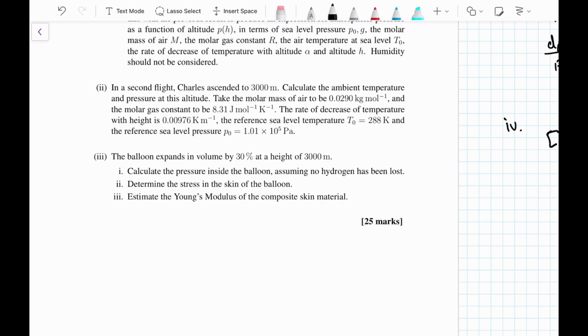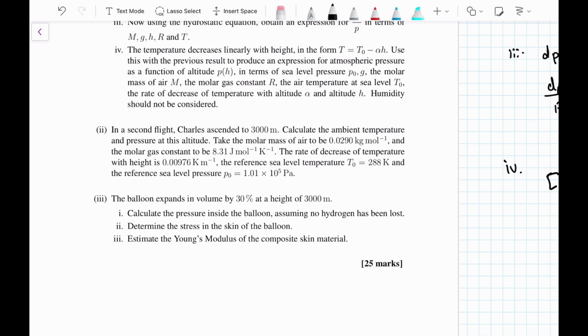Okay, this is interesting. The balloon expands in volume by 30%, and I suppose we can use the ideal gas equation on that. The first one is to calculate the pressure inside the balloon, assuming no hydrogen has been lost. We aren't given any initial values in this specific component of the question, so can we utilize the second part? I think we can.